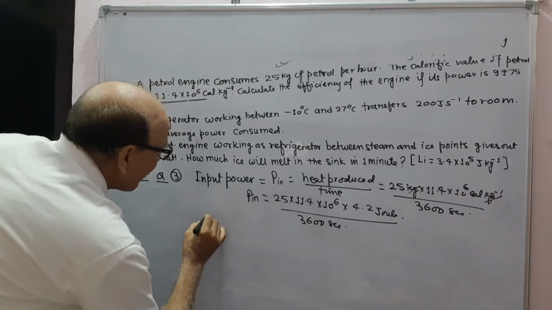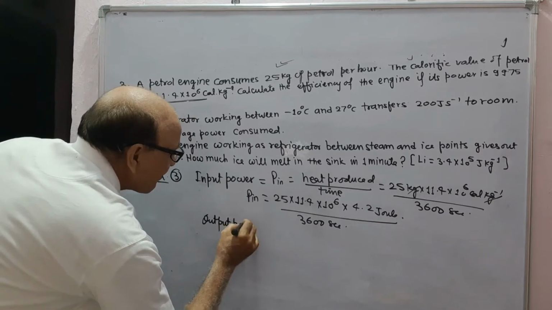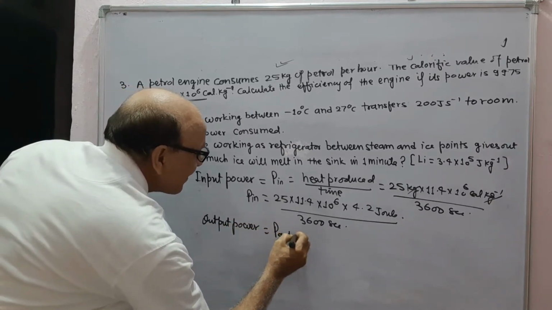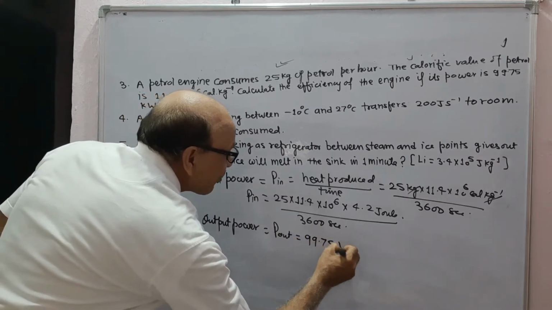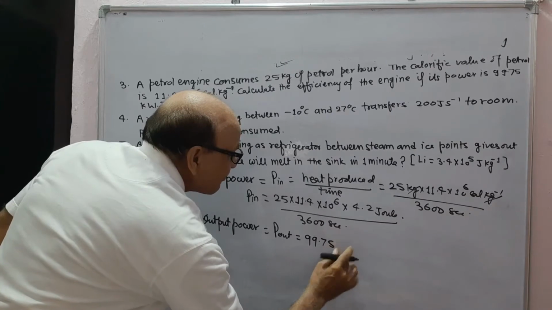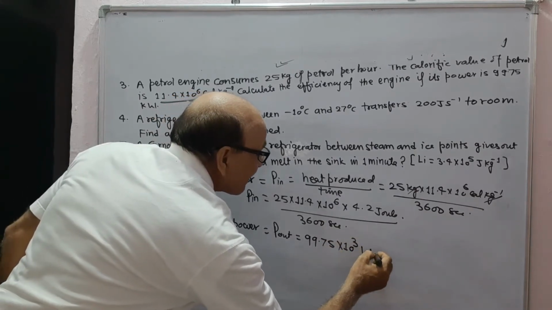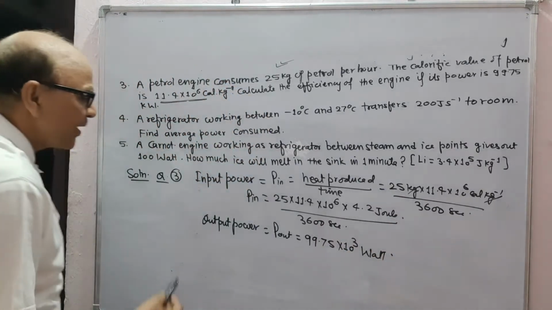Output power, P out, is equal to 99.75 kilo, which means 1000 watt, and this joule per second is again watt.